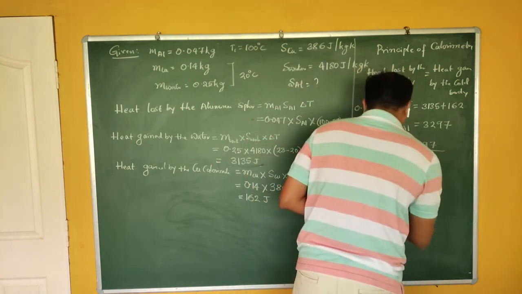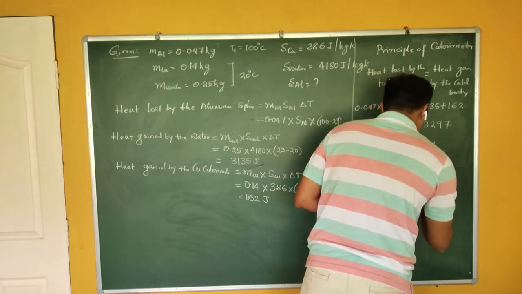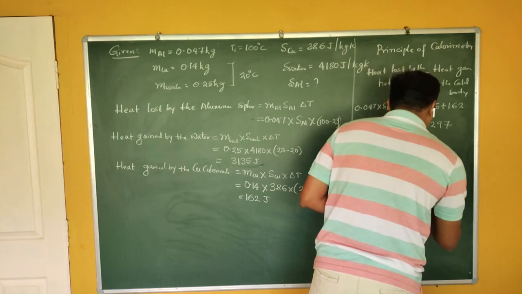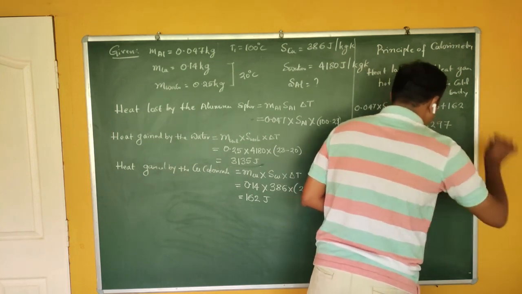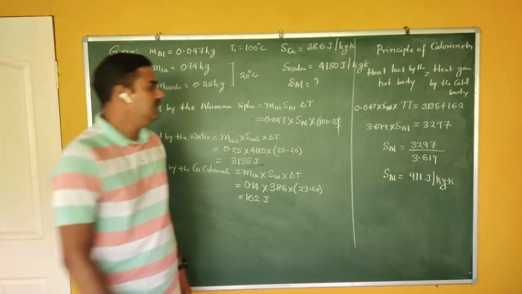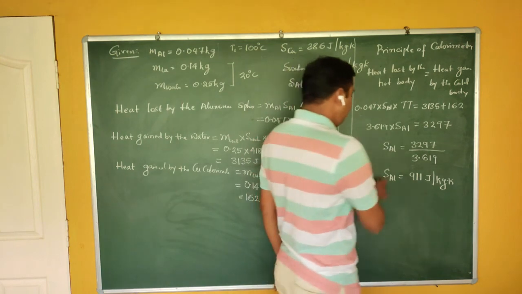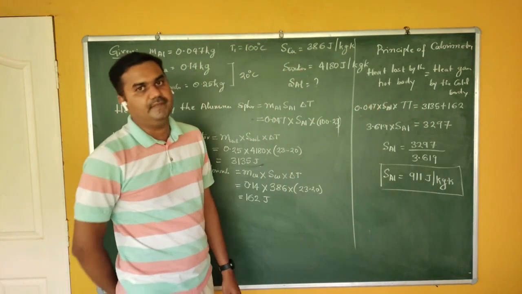That gives me something around 911, and the unit is joule per kg Kelvin. So by using the principle of calorimetry, we can find the specific heat of an unknown material.